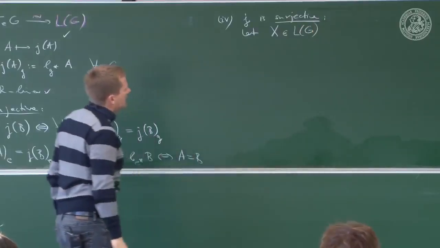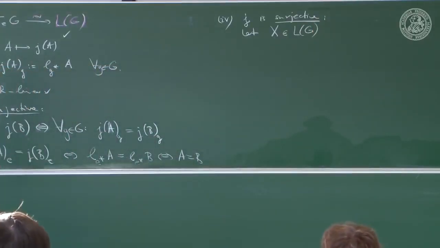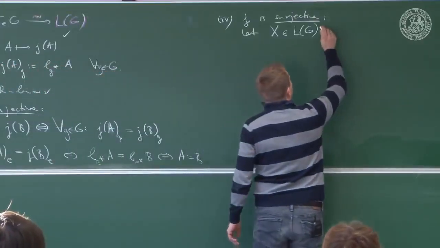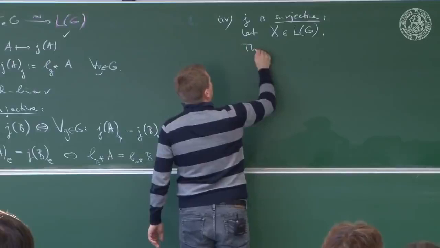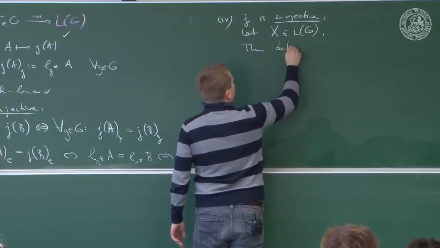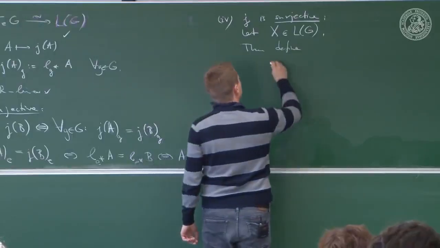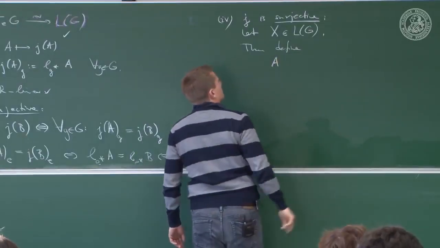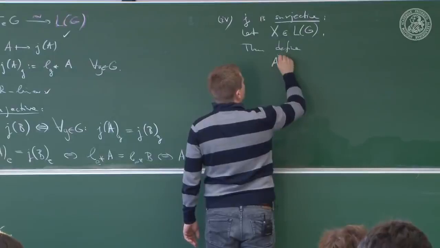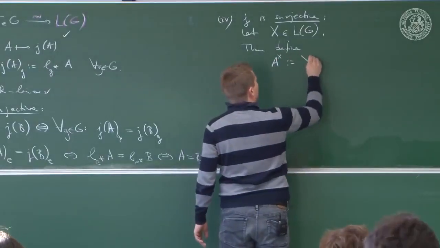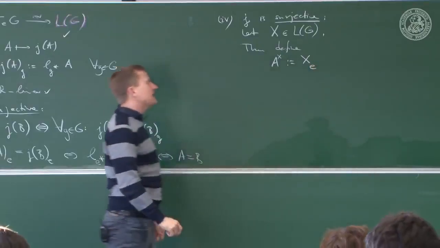So let X be a left invariant vector field. Then define an A associated with this X to be X evaluated at the identity.